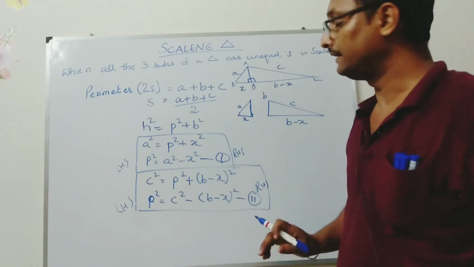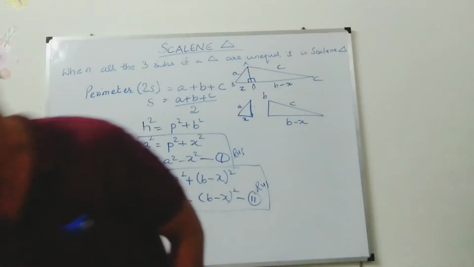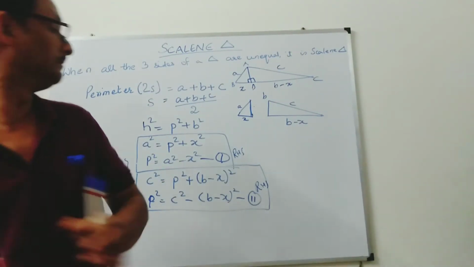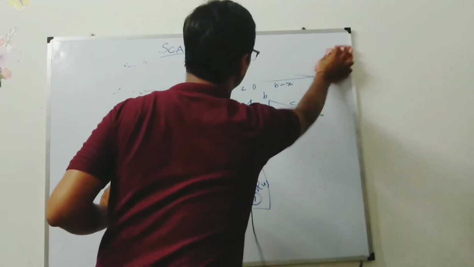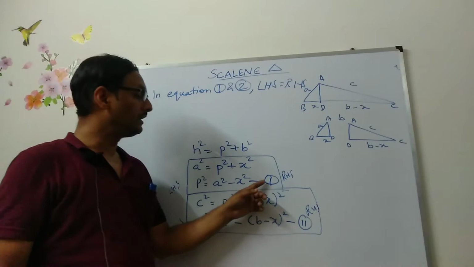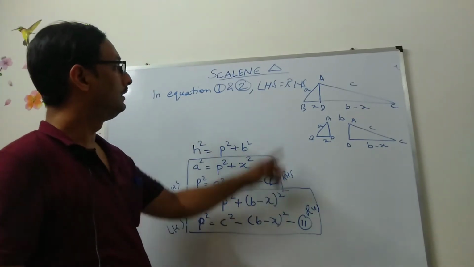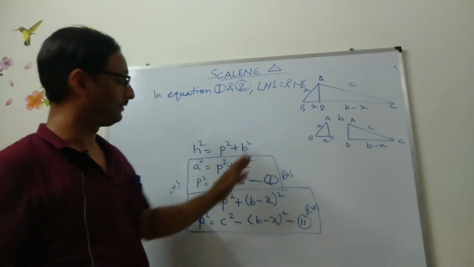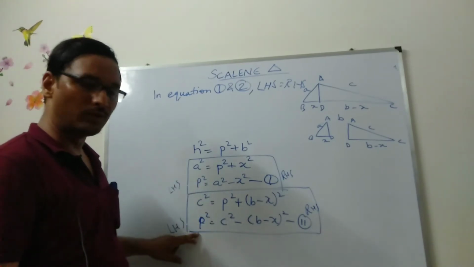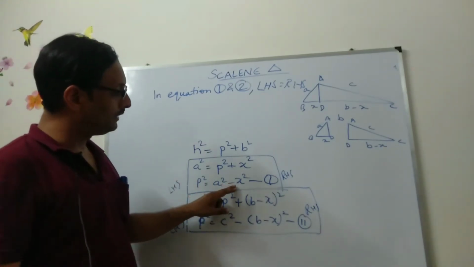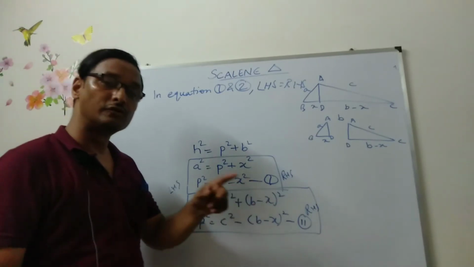So what will we write? In equations 1 and 2, LHS is equal to RHS. In these two equations, LHS are the same, P square, so we will assume that RHS is also the same.